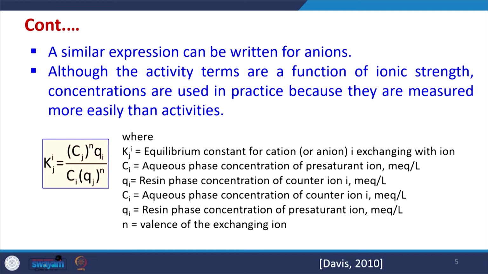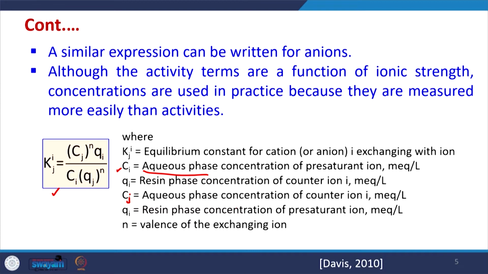Now, although the activity terms are a function of ionic strength, concentrations are generally better to use in practice because they can be measured very easily compared to activity itself. So, we can replace that equation with this one. The change is that Ci is the aqueous phase concentration of pre-saturant ion, and Cj is the aqueous phase concentration of the counter ion.